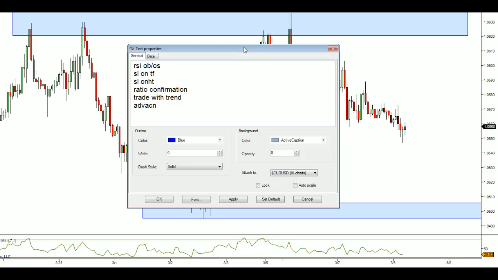Advanced pattern completion. Let's see, 2x top or bottom. RSI divergence. And 2618.